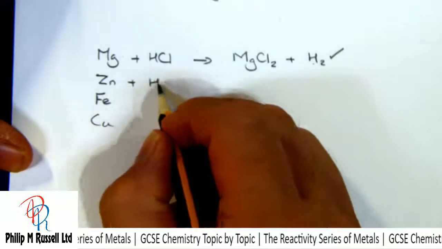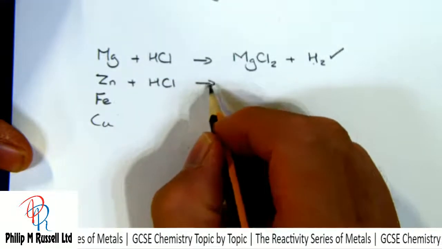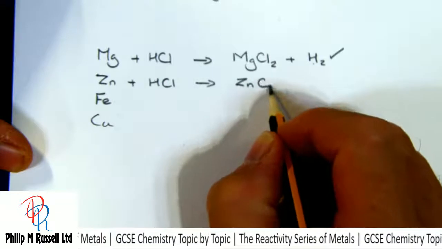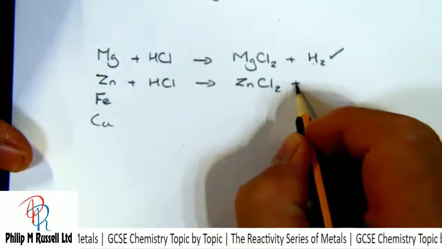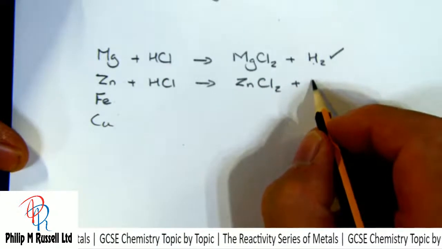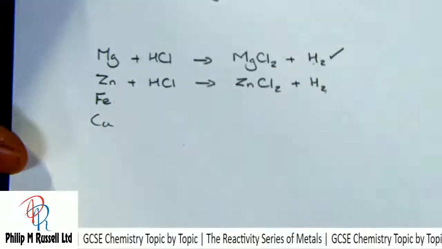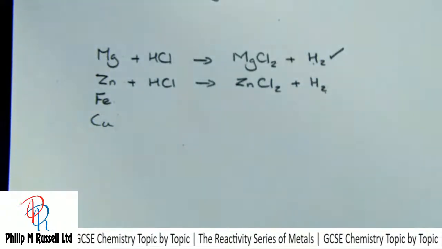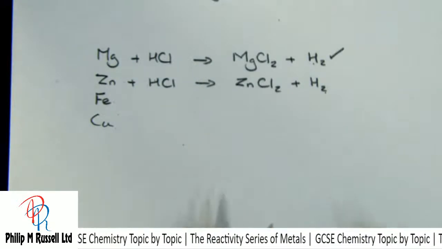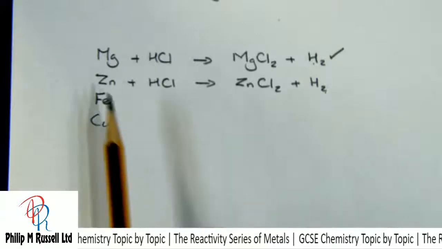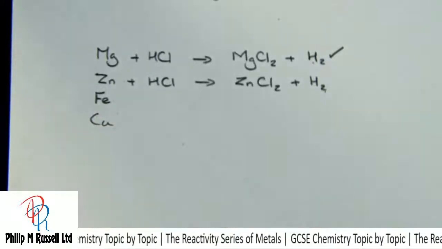Zinc plus HCl appears to be going, but very slowly, so that would form zinc chloride, and if I could collect enough gas, then I could show that that was hydrogen. I had expected to do that because one of the standard ways of making hydrogen gas in the laboratory is to use zinc metal.